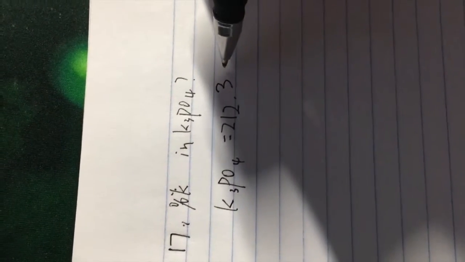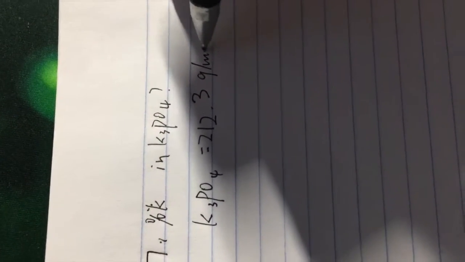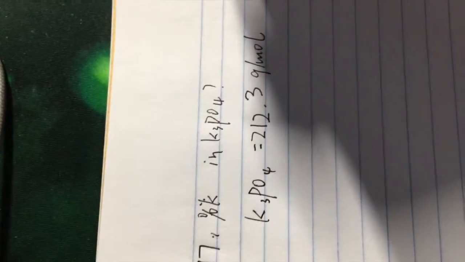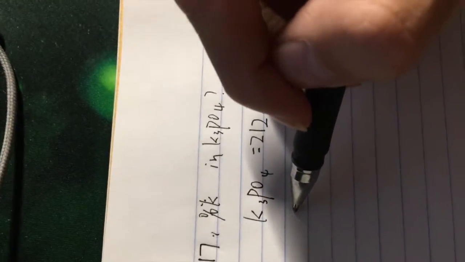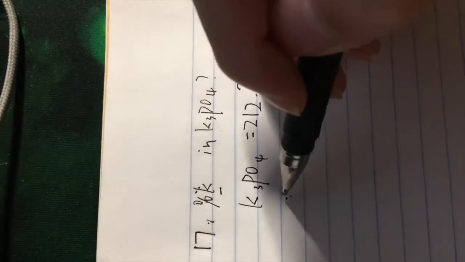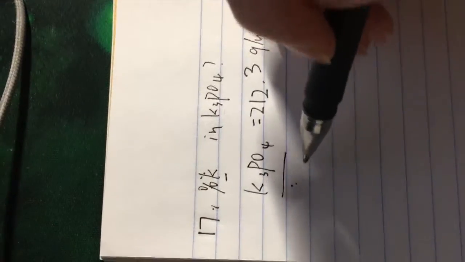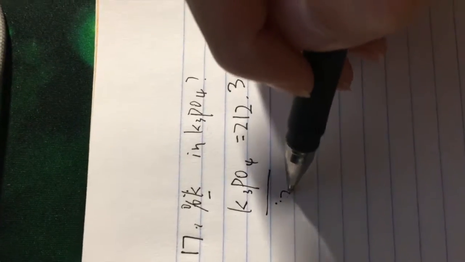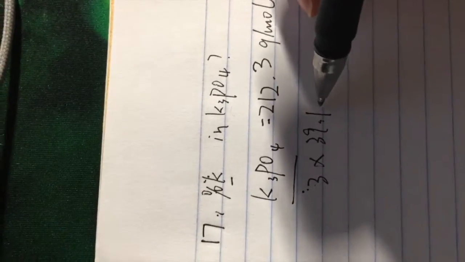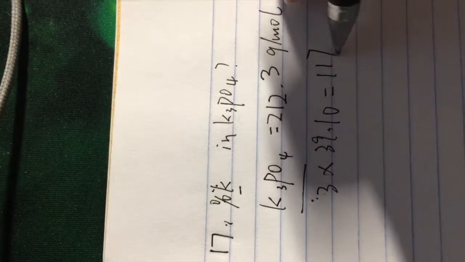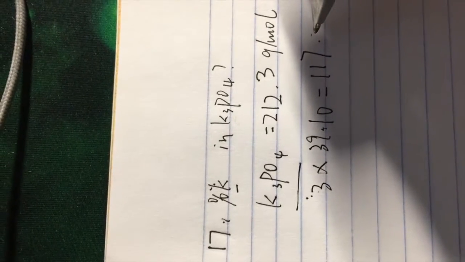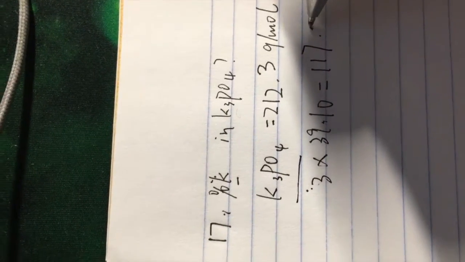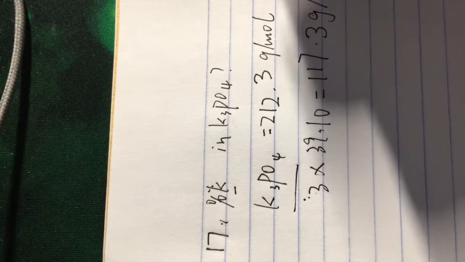212.3 grams, and we know the mass of K in 1 mole of K3PO4 is 3 times 39.1, equal to 117.3 grams.